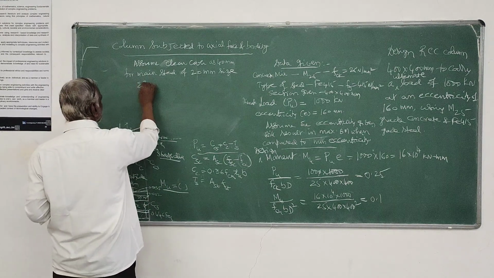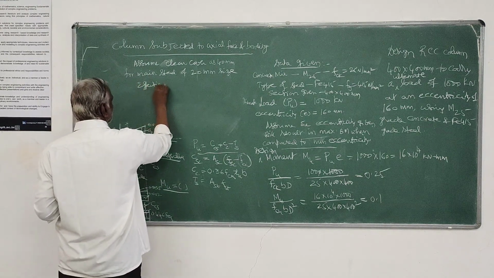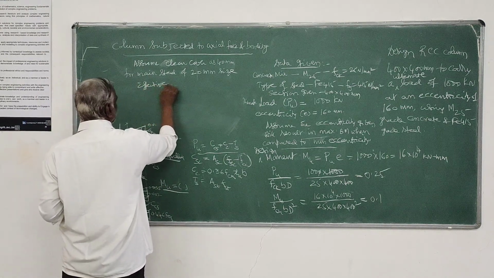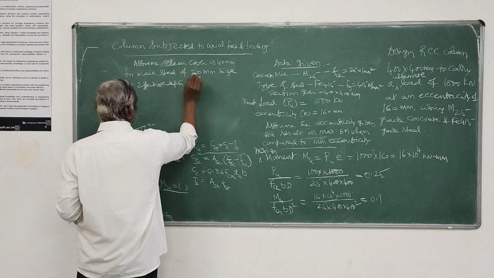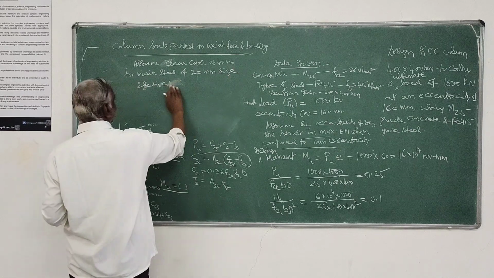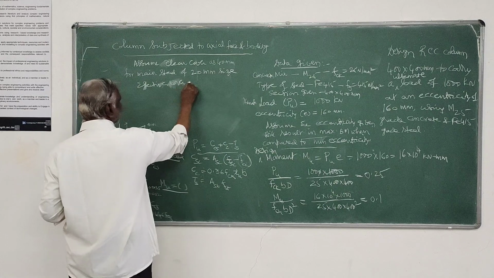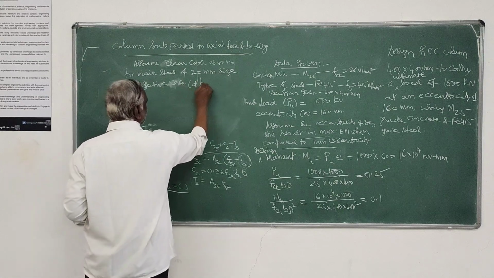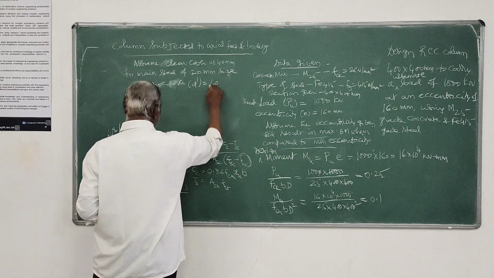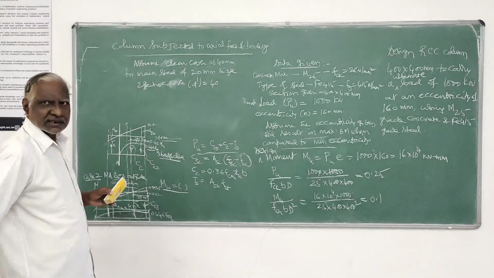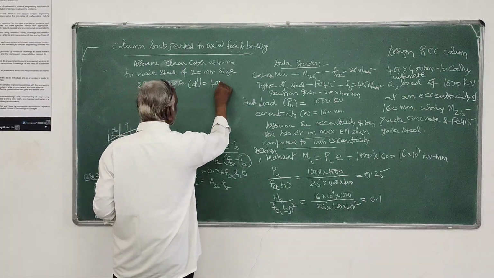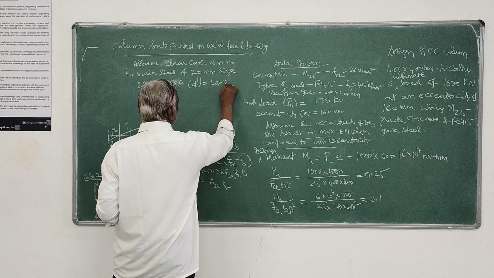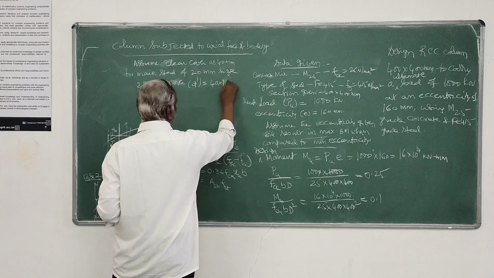So the effective cover, not depth, effective cover d dash will be that clear cover that I have already written while giving that introduction, plus half the size of bar, that is 10.